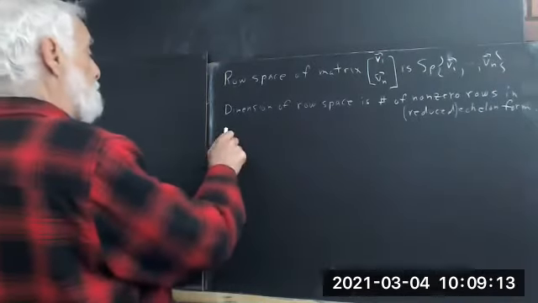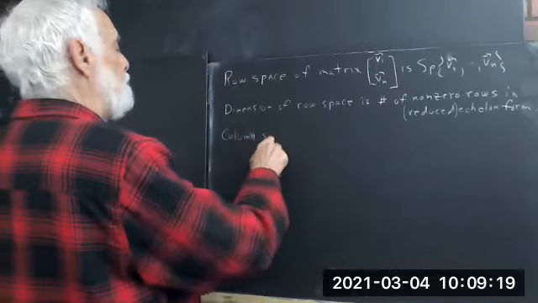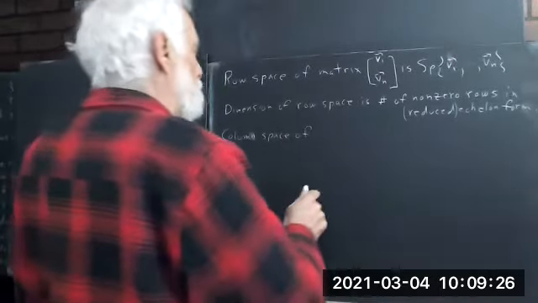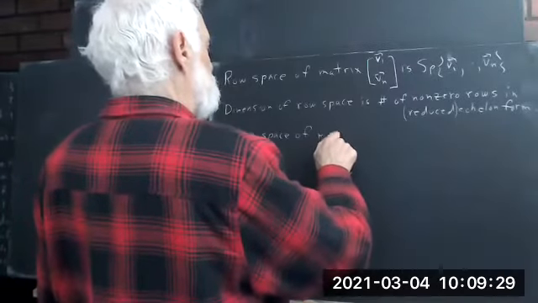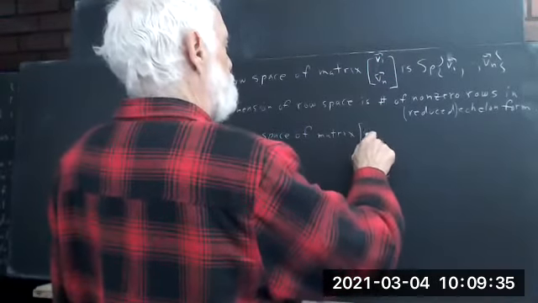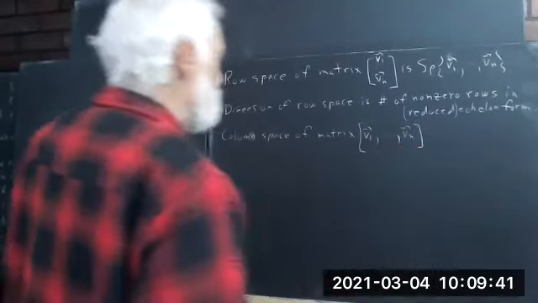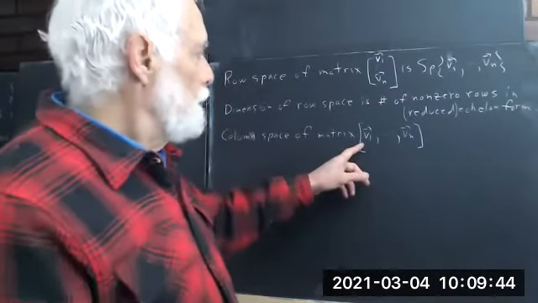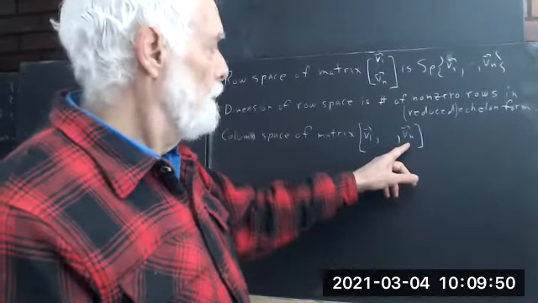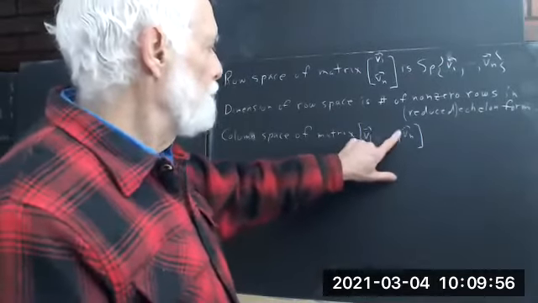Column space of the matrix V1 through Vn, which is written this way, and we don't have commas.